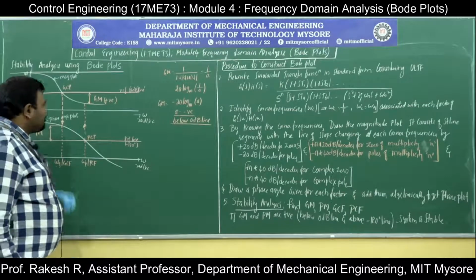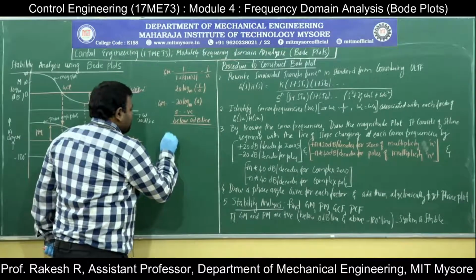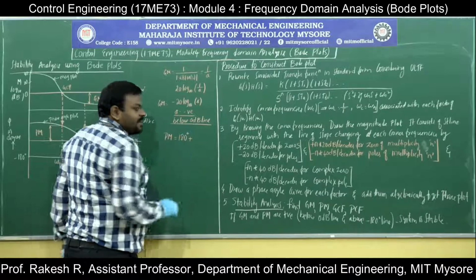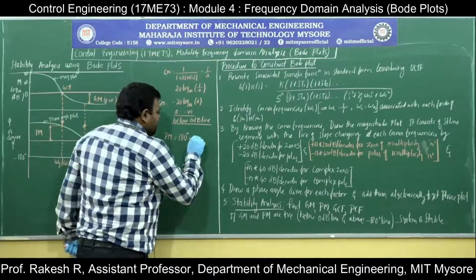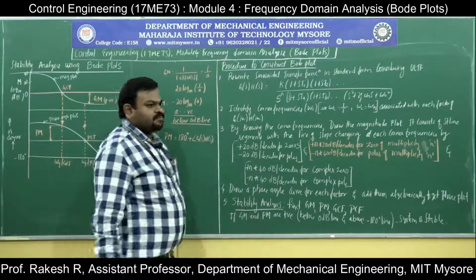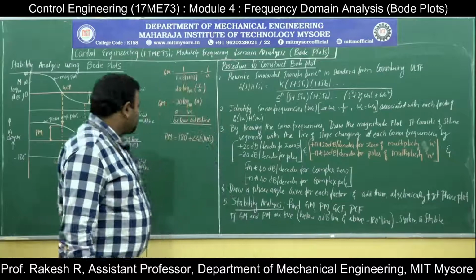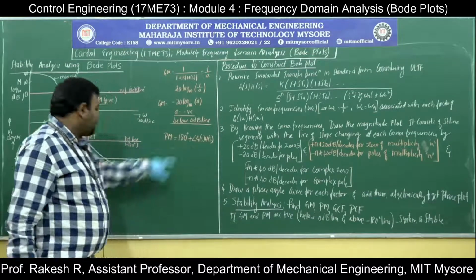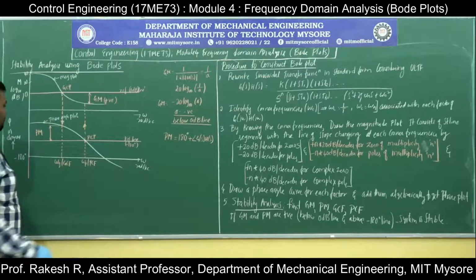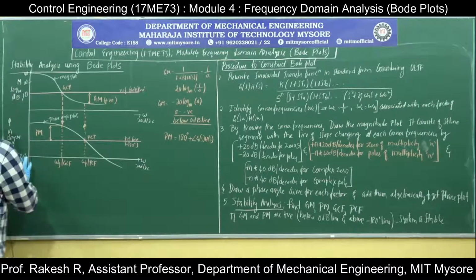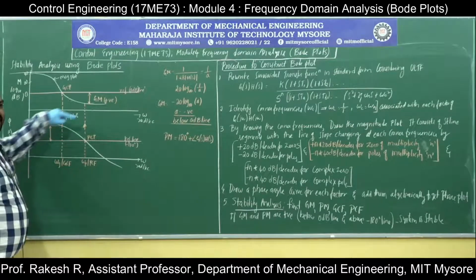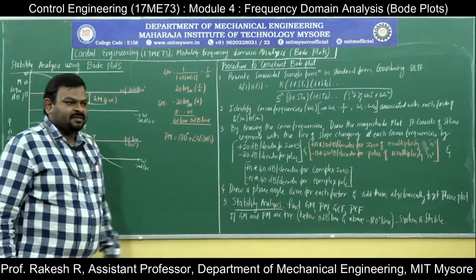Then let us analyze phase margin. Phase margin is equal to 180 degree plus the phase angle of the open loop transfer function. If you want the phase margin to be positive, it should be above the minus 180 degree line.